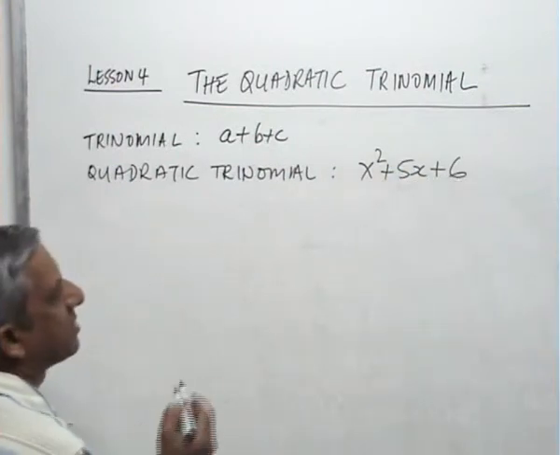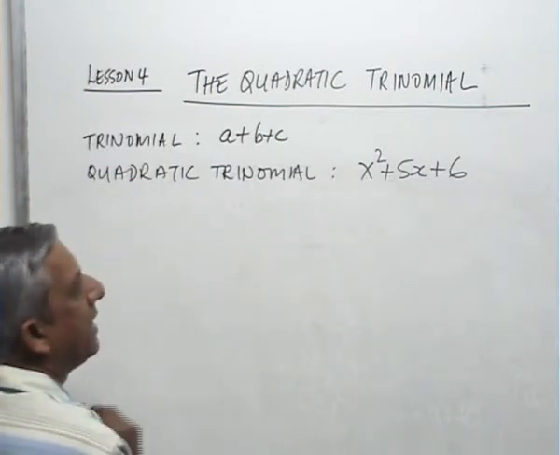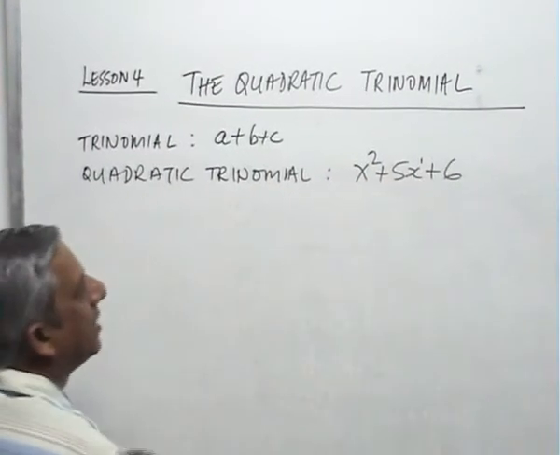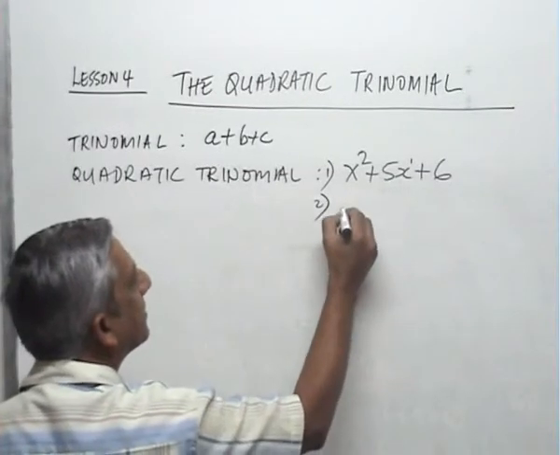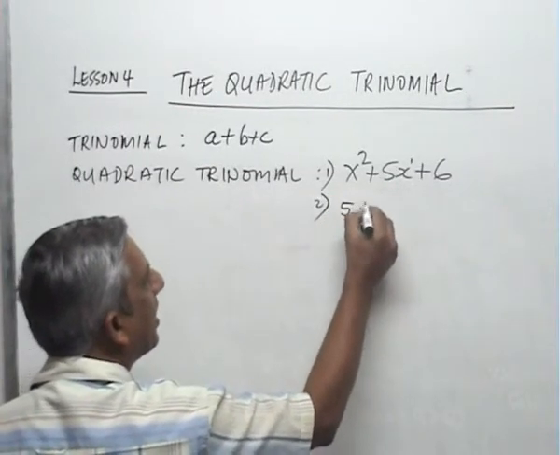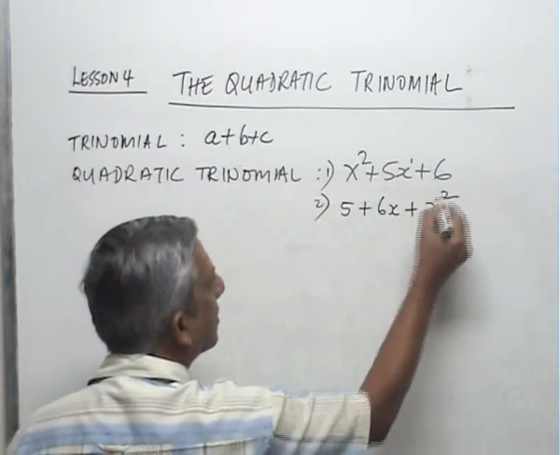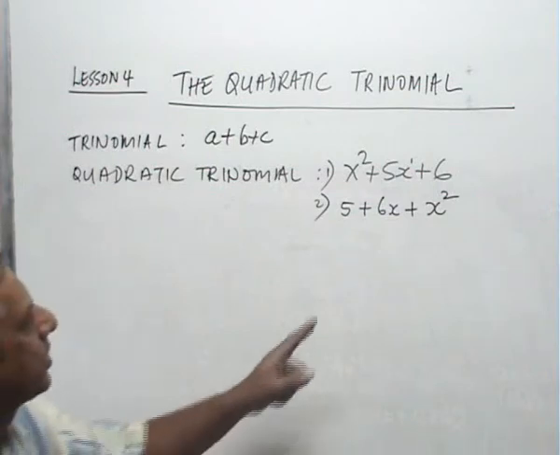Now what is special about this? Well, you can see firstly it is a trinomial with x's in it. And secondly, you can see the index is going from 2 to 1. Another example of a quadratic trinomial would be like this: 5 plus 6x plus x squared. Sometimes it is written like that in reverse. But it is still a quadratic trinomial.